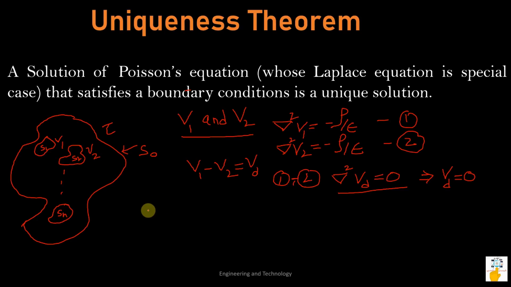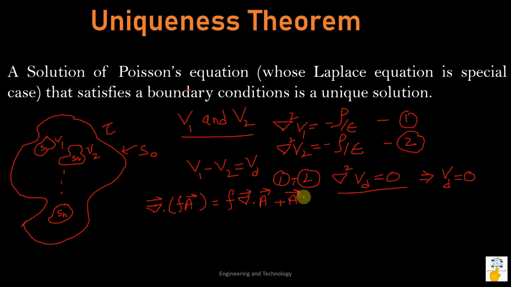Now let us use a vector identity to prove this uniqueness theorem. That vector identity is del dot of f A, where A is a vector and f is a scalar, which will be equal to f del dot A plus A dot del f, where del f is the gradient.